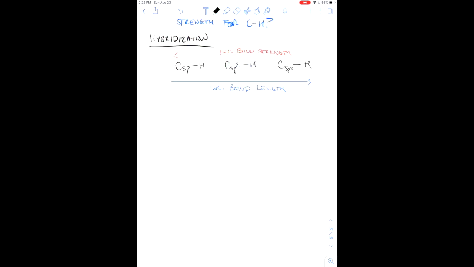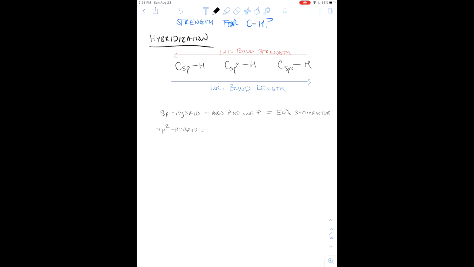So let's tally this up for you. It all has to do with something called s character. If we take a look, sp hybridized orbitals have one s orbital and one p orbital. That means that 50% of that hybridized orbital is s character.